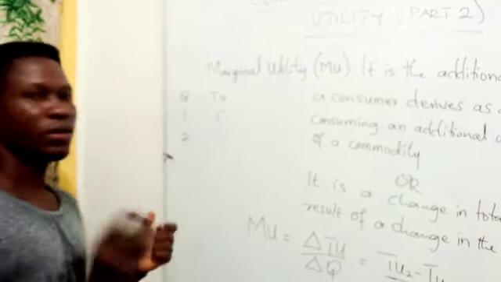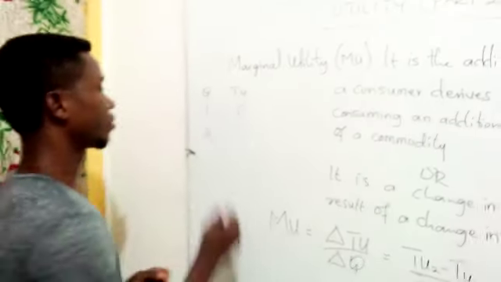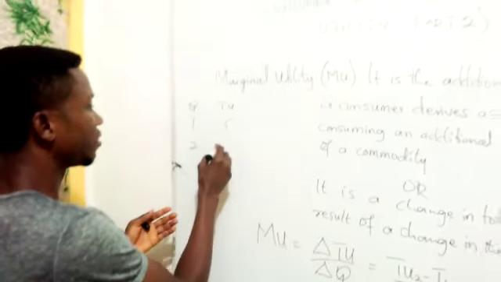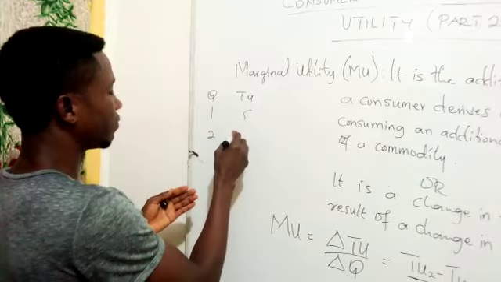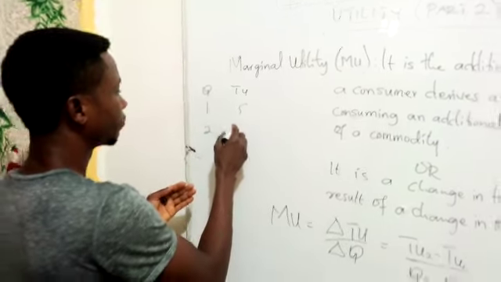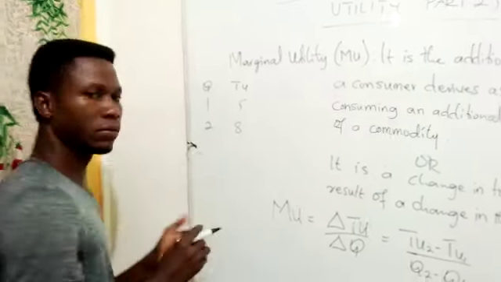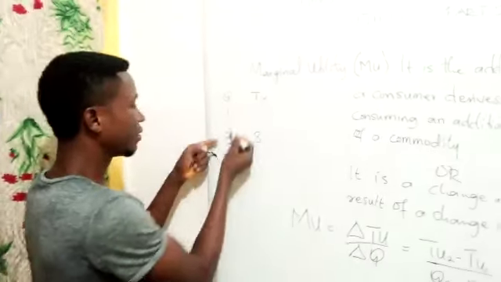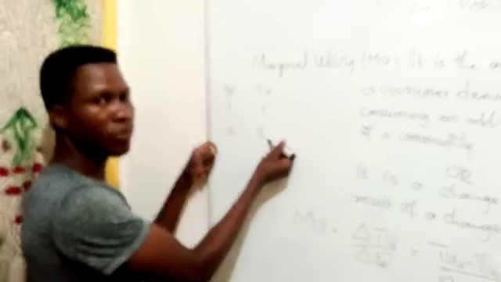Then if I add an additional bottle, so in all I'm consuming 2 bottles, my total utility is now, let's say, 8. Quantity has increased, total utility has also increased.